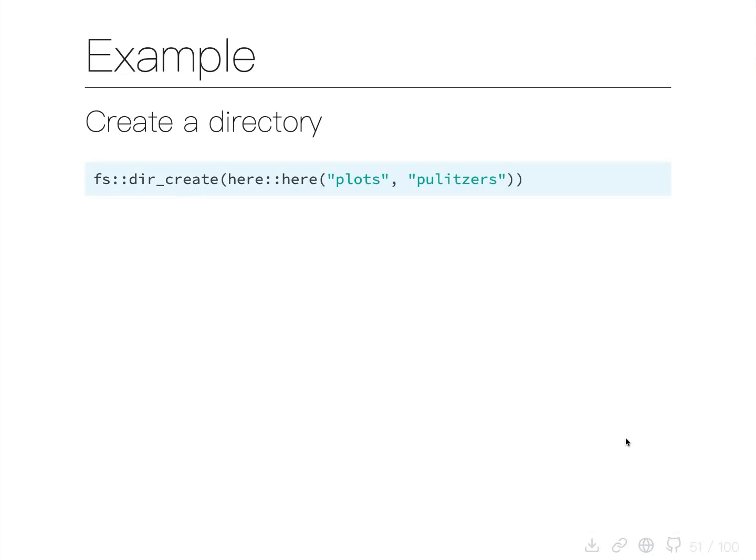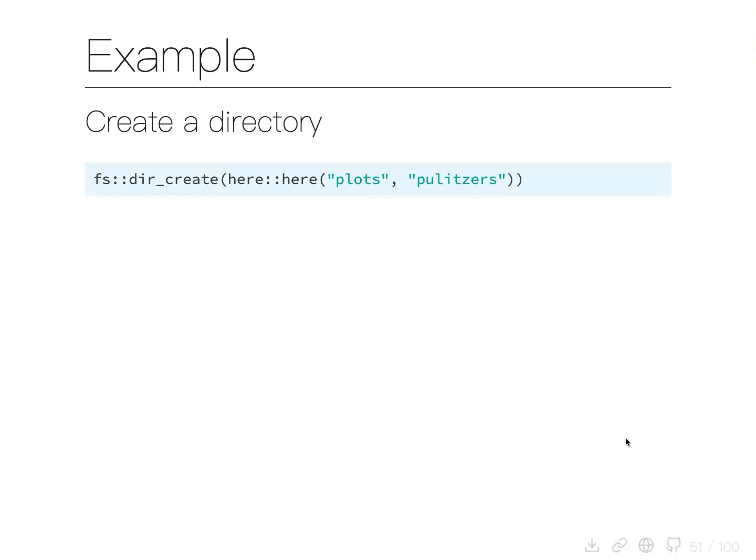The reason dir_create is a little bit nicer in this case instead of dir.create: dir.create, the base function, will only allow you to create directories at a certain level, whereas dir_create will allow you to make nested directories. So in this case, plots already exist, but if I didn't already have a plots folder, I could still run this code and it would create both the plots folder and a new folder called Pulitzer's inside that plots folder, all with this one line of code.